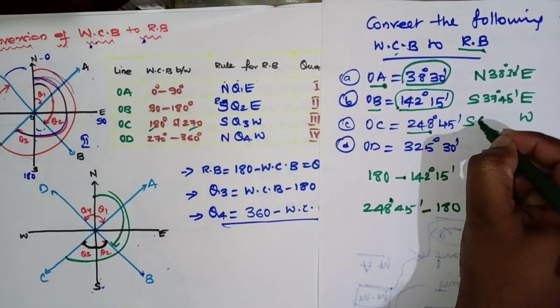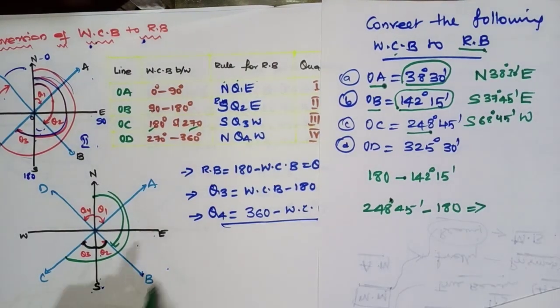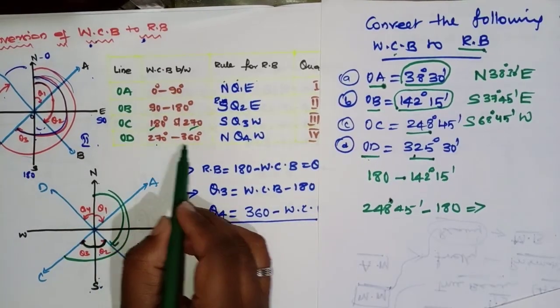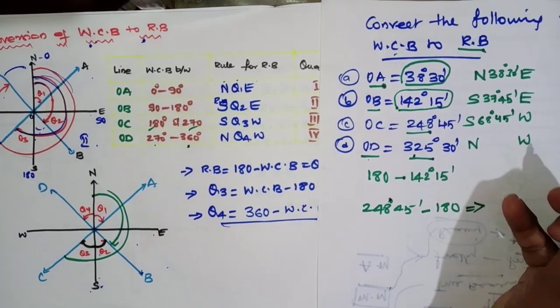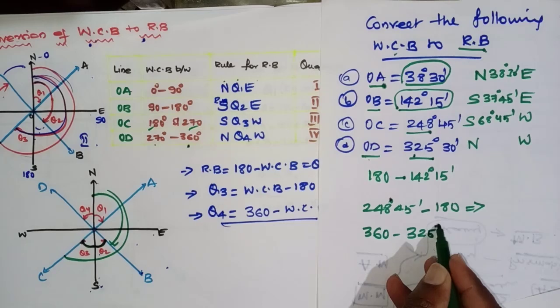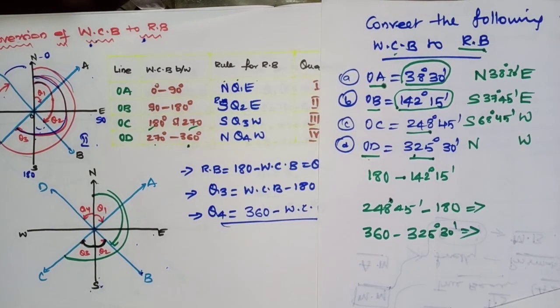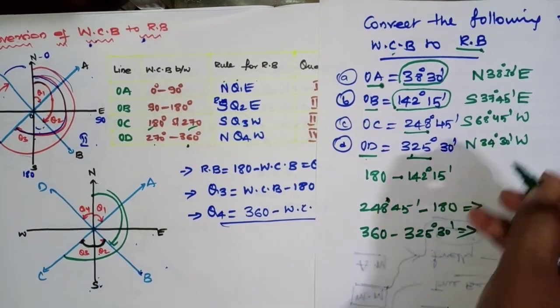So south 68 degrees 45 minutes. And coming to the fourth one, OD 325 means it is greater than 270, less than 360. So directly north west, fourth quadrant. Now 360 minus 325 degrees 30 minutes. Around 34 degrees 30 minutes. So 34 degrees 30 minutes is our answer.